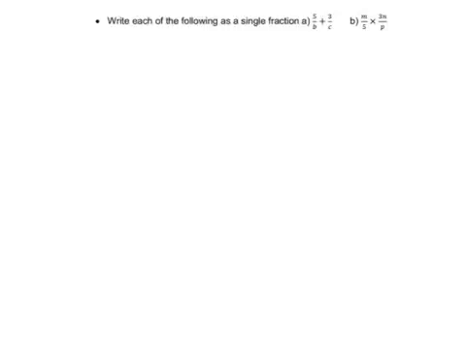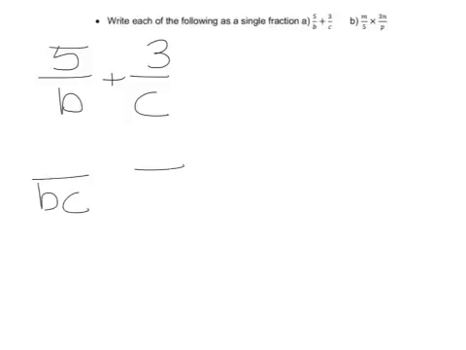Okay, now we want to look at adding fractions and multiplying fractions. Now remember, from numerical fractions and from the algebraic fractions that we practice, what you are looking for every single time you complete one of these questions is for your bottom lines to have a common denominator. So in this case, our common denominator is BC from multiplying those two denominators together.